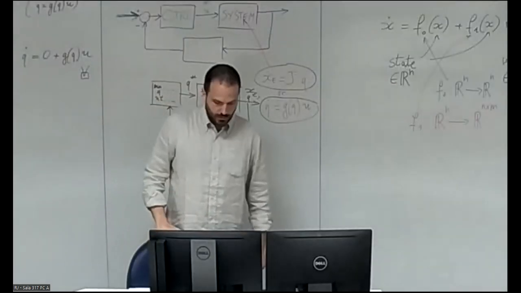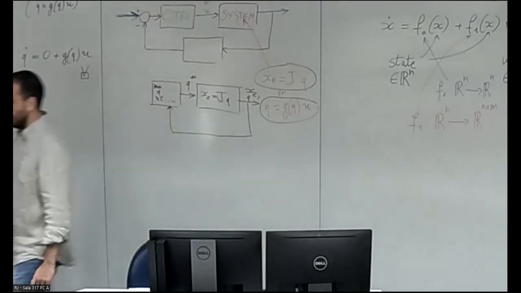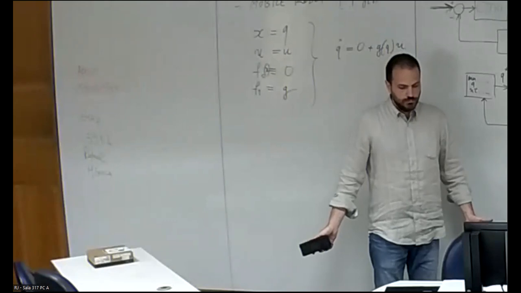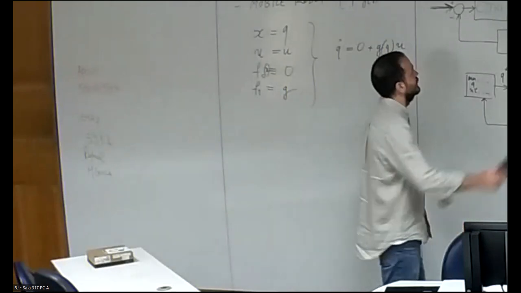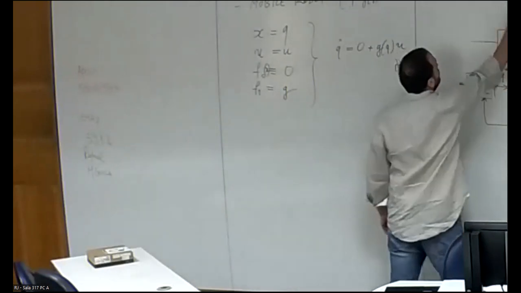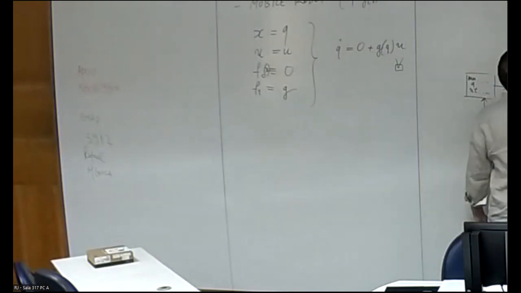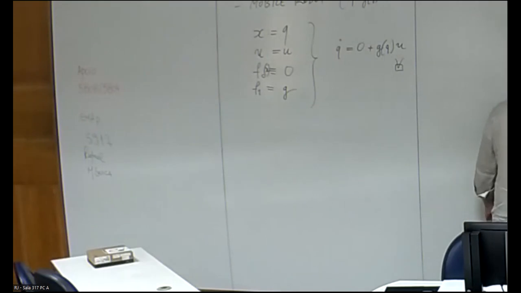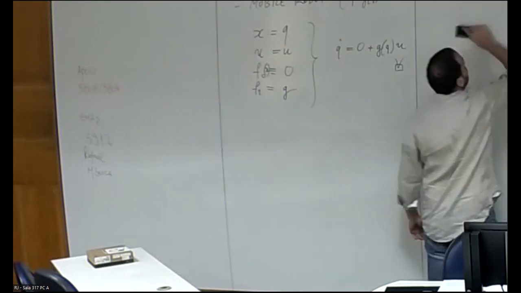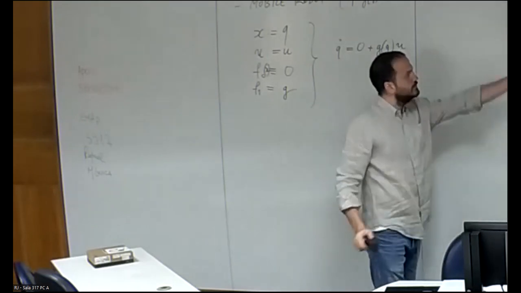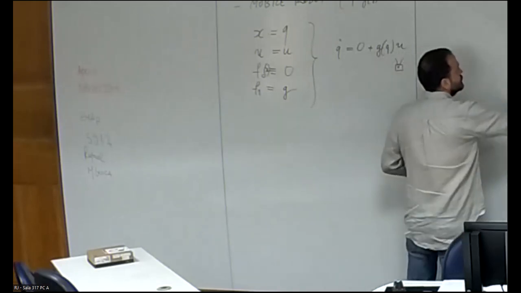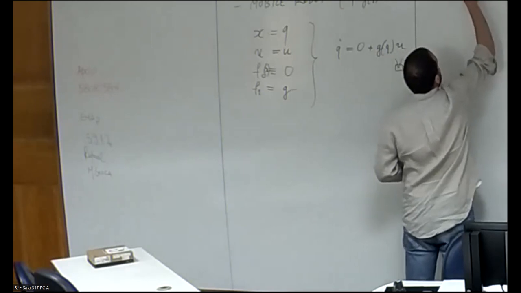All right. So given this control affine form, now we will talk about this class of tasks that will be executed using robots that are modeled in this way.